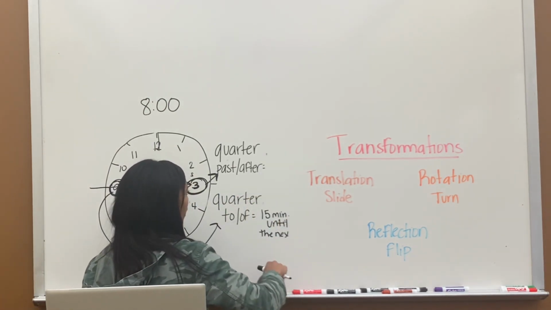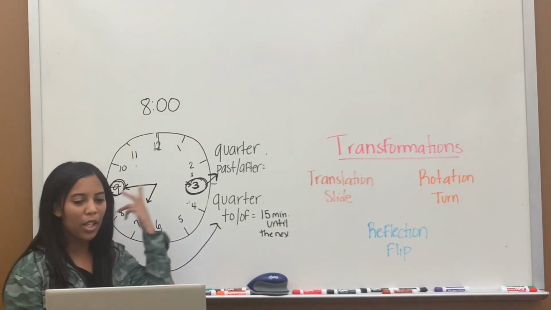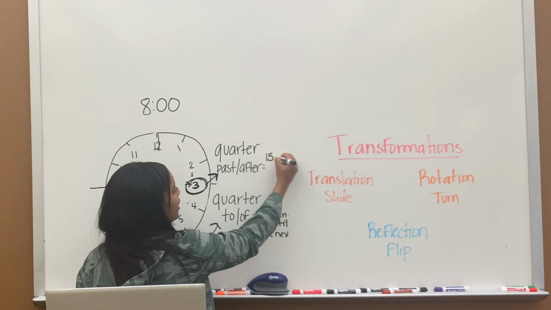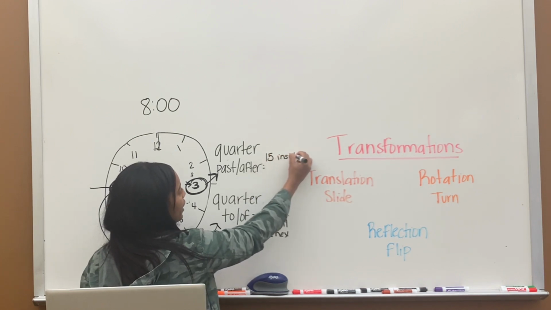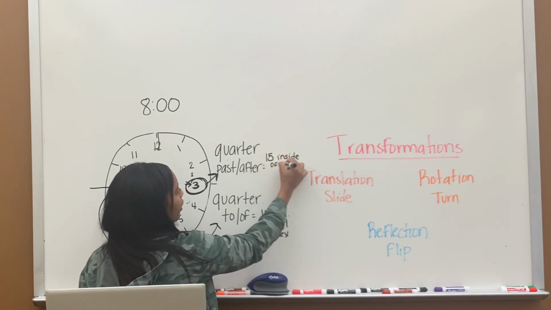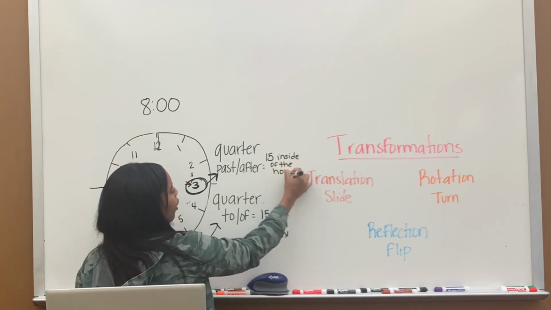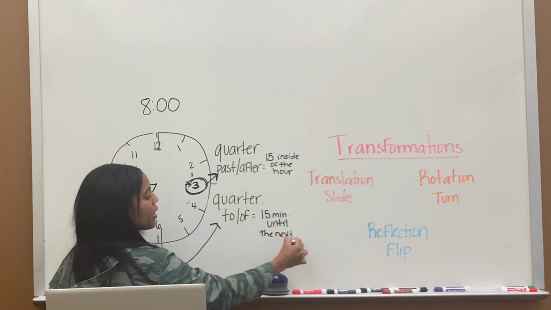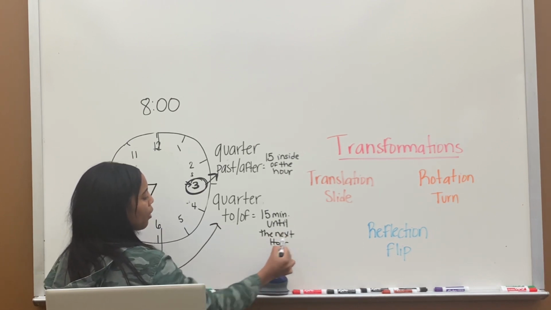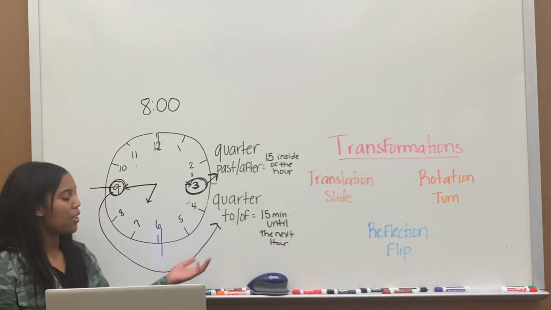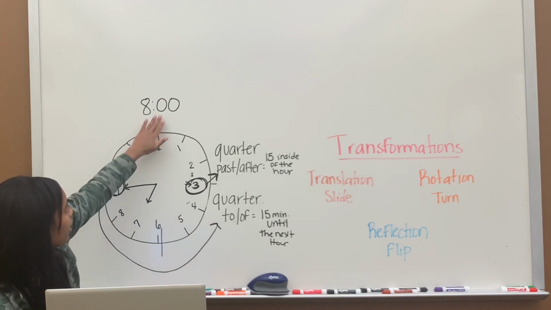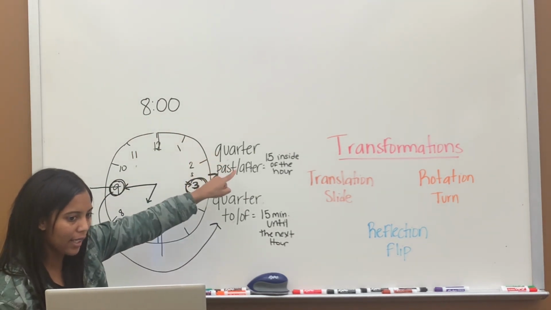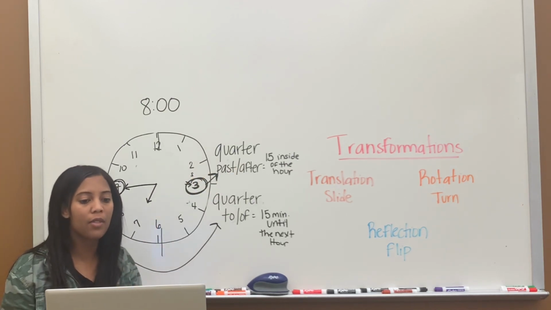So again, when we say quarter past or quarter after, it means 15 minutes inside of the hour. When we say quarter to or quarter of, it means 15 minutes until the next hour. So again, remember we were focusing on 8 o'clock. If I said it was a quarter past 8, that meant it was 8:15.